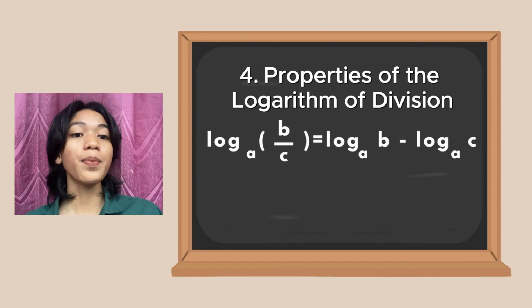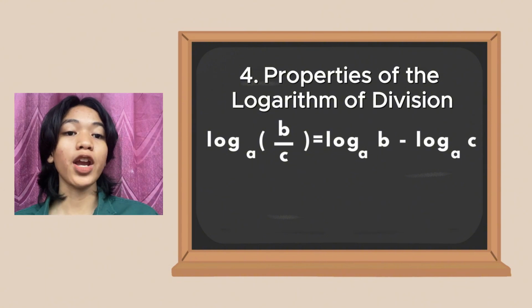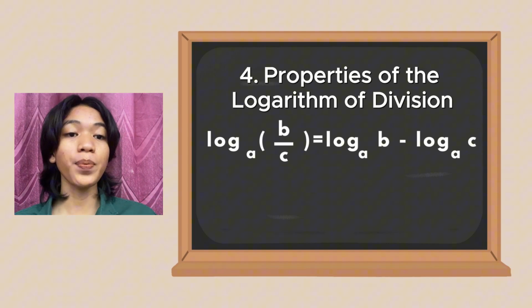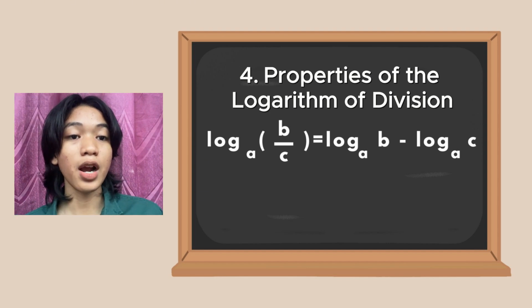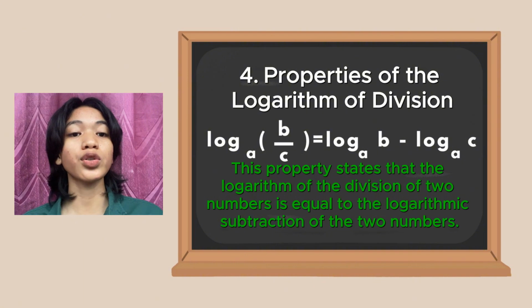4. Properties of the logarithm of division. Log base a of b over c equals log base a of b minus log base a of c. This property states that the logarithm of the division of two numbers is equal to the subtraction of the logarithms of the two numbers.